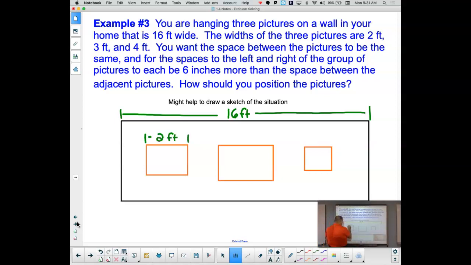And I get it that these are not to scale, but it's okay. One of our pictures is 3 feet wide. And one of our pictures is 4 feet wide. Okay? We know that.